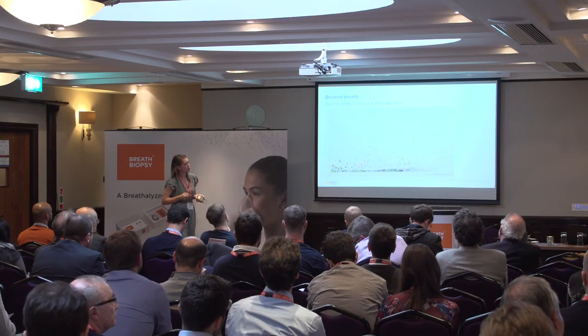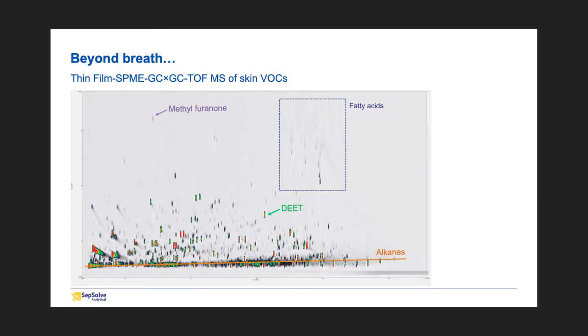So I just want to show a couple of examples of some of the work that's been done in this type of sampling system. And here we have a GCxGC TOF color plot for skin volatiles. So this was done using thin film SPME on the skin, and you can see the wide range of components that have been separated out here. There's actually 800 different peaks separated.